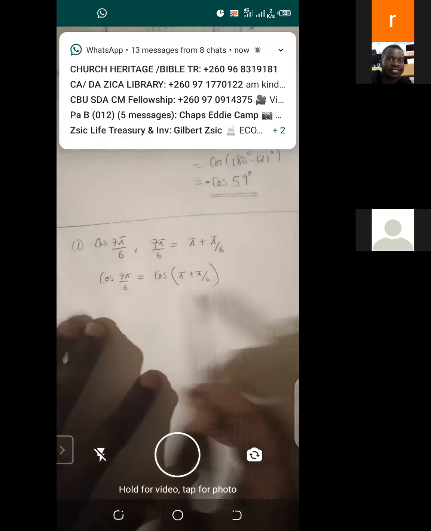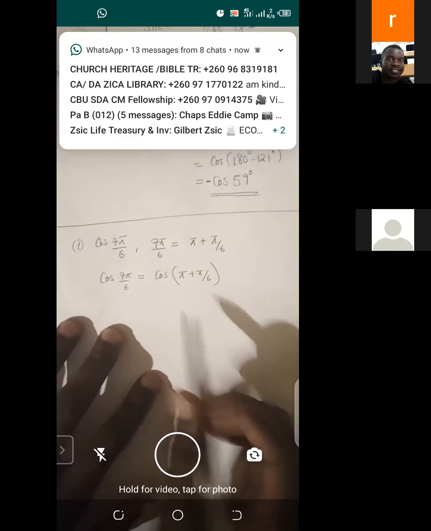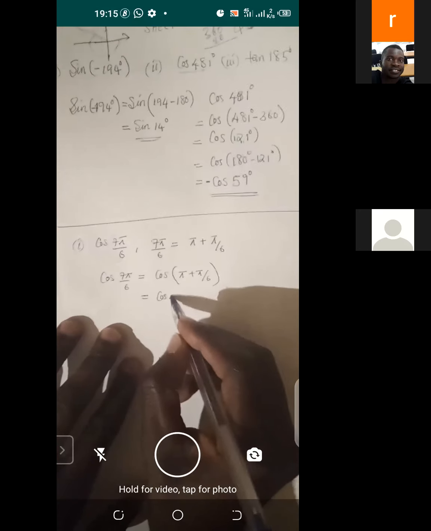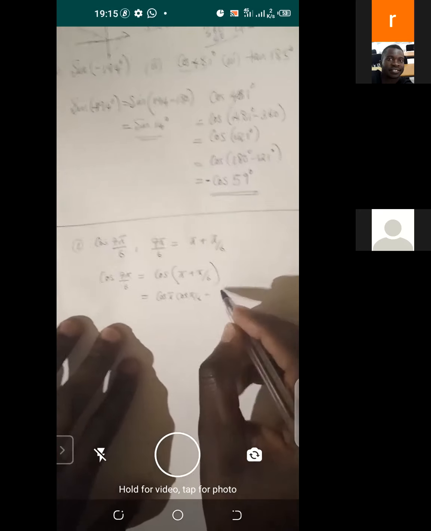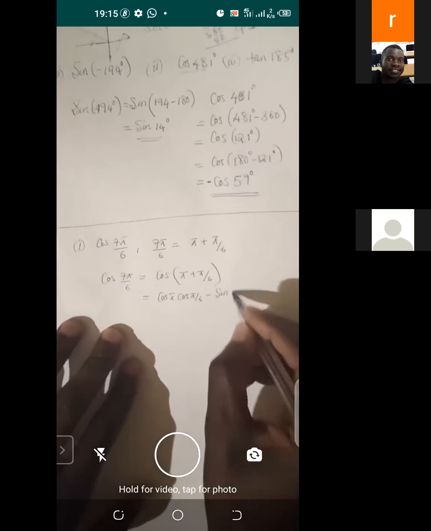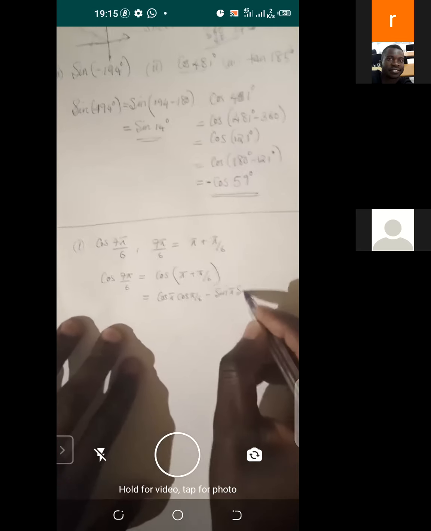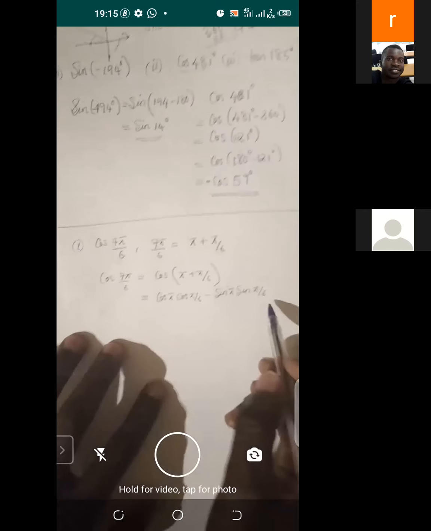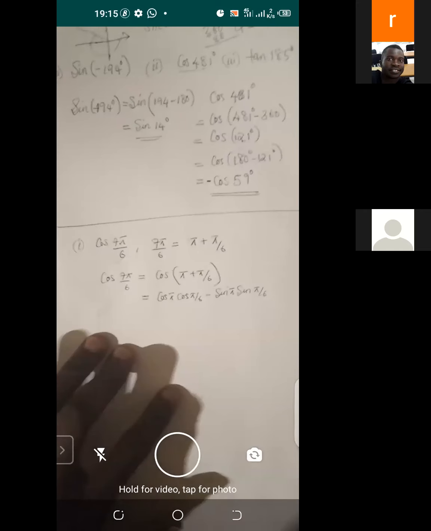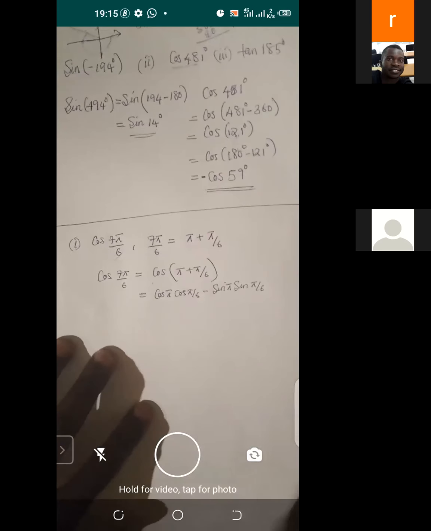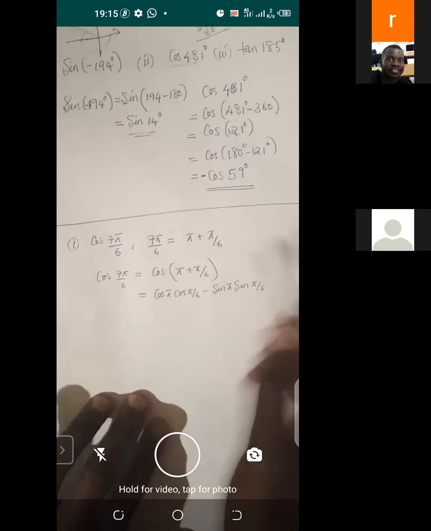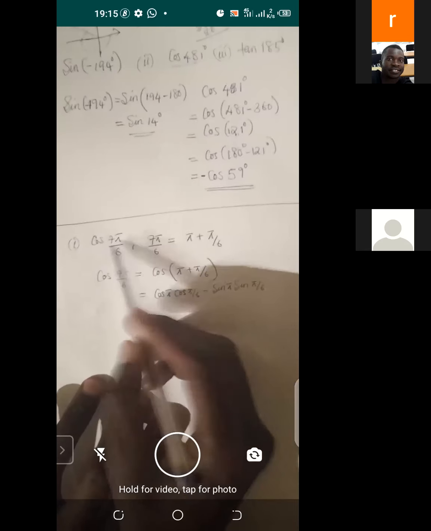And then this is a familiar identity, where this is equal to minus cos pi by 6. But this is a long procedure, guys. What you can do here is convert this to degree measure and work things out easily.